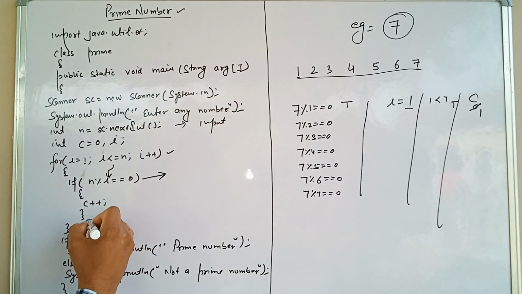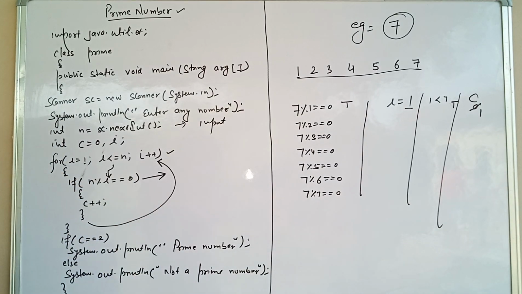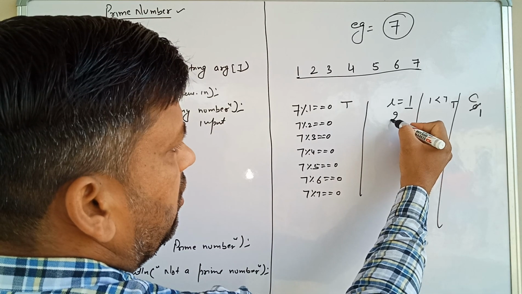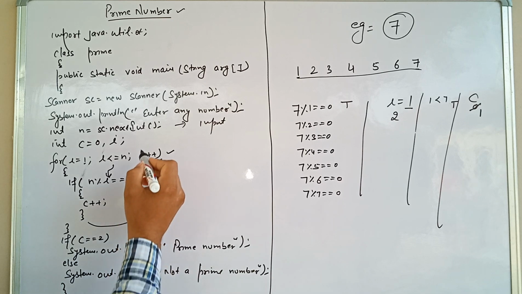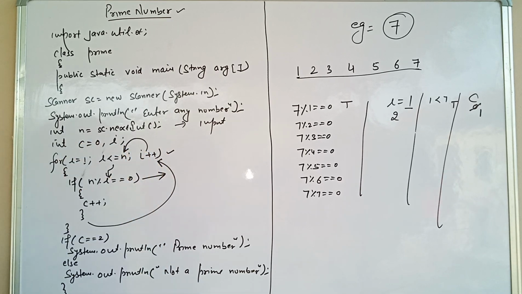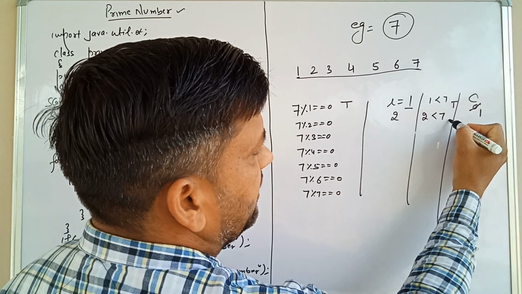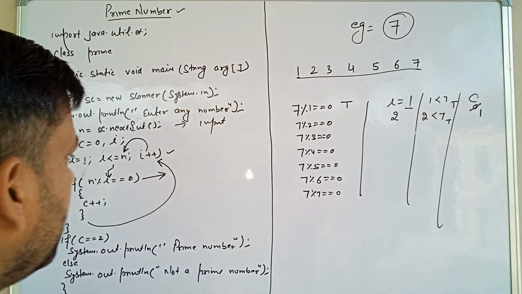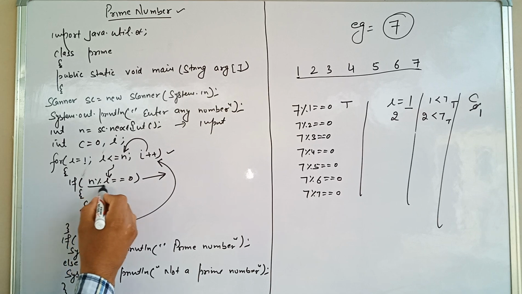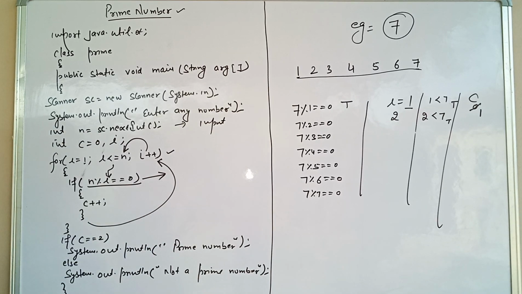Now from here control will go to the I++ increment section. I will become 2. Again the condition will be checked, 2 less than 7. It is true, so again the divisibility condition will be evaluated.